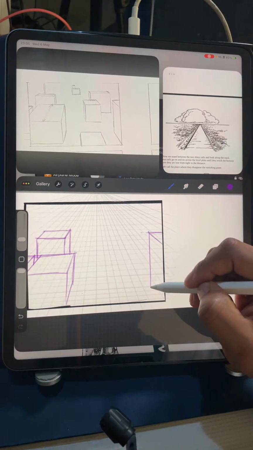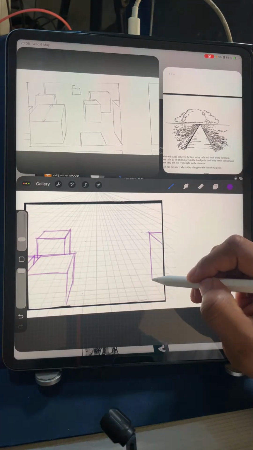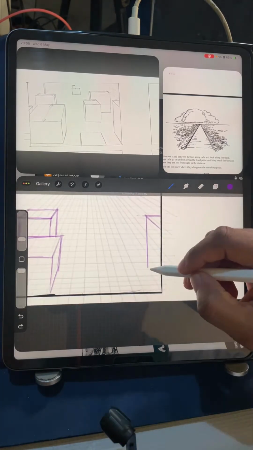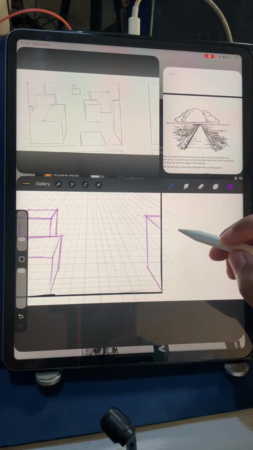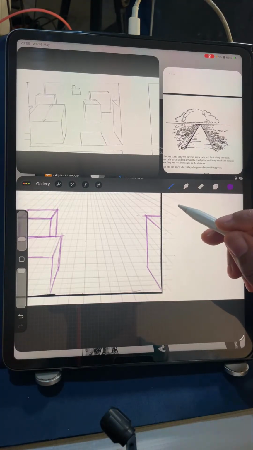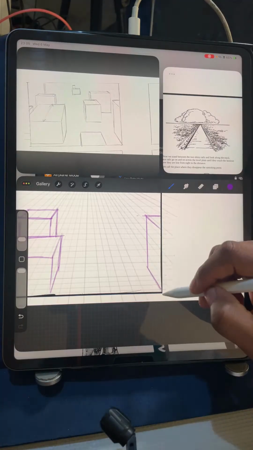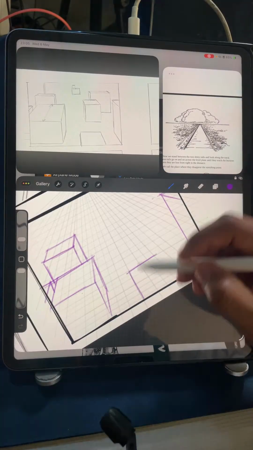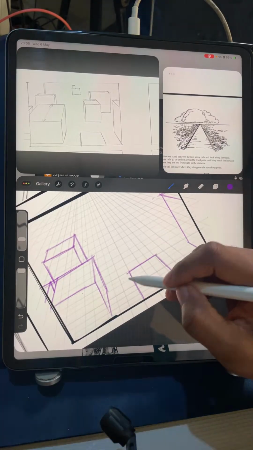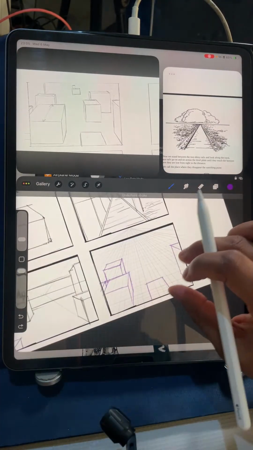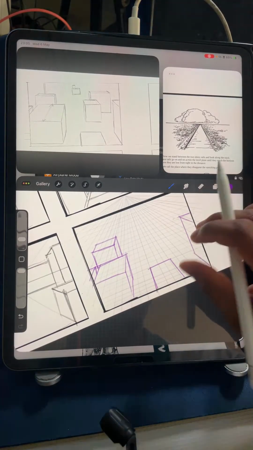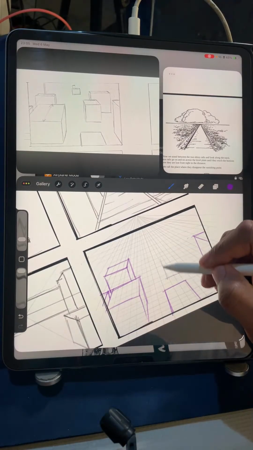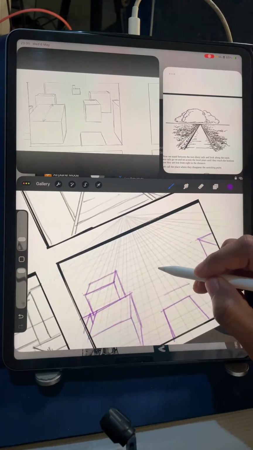The perspective grid I see now, it guides you and just helps you out. And this is another box, but we're going to see just the top view of the box. Another box here.